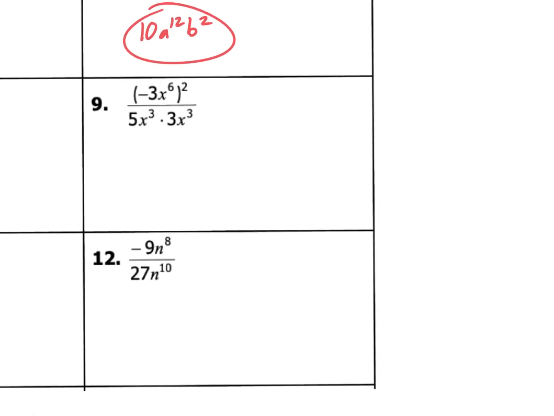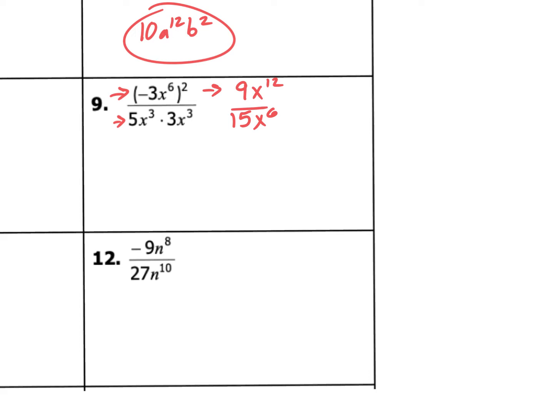Number 9, power rule in the numerator, then product rule in the denominator. So here we go. Negative 3 squared is positive 9. 6 times 2 is x to the 12th. 5 times 3 is 15, and x to the 3rd times x to the 3rd is x to the 6th. We add the exponents.